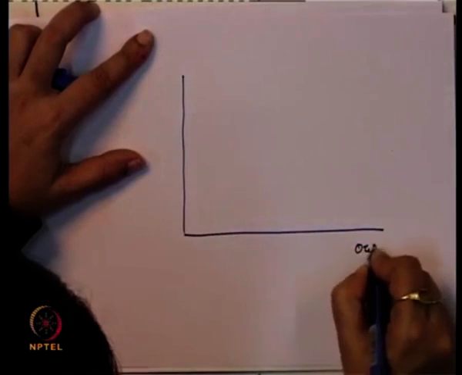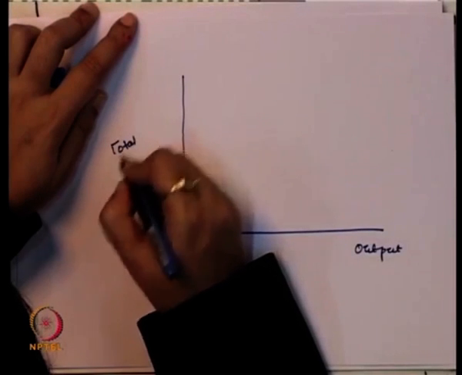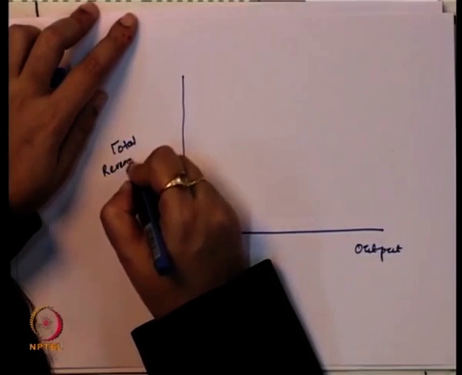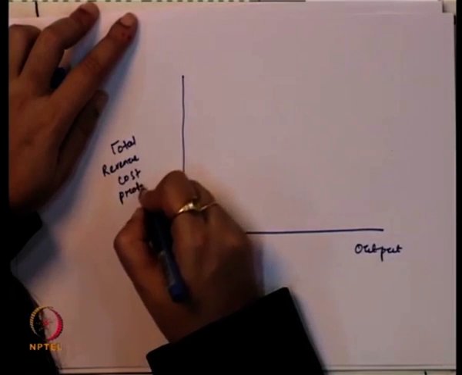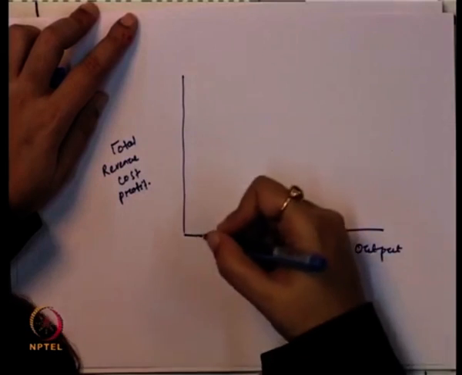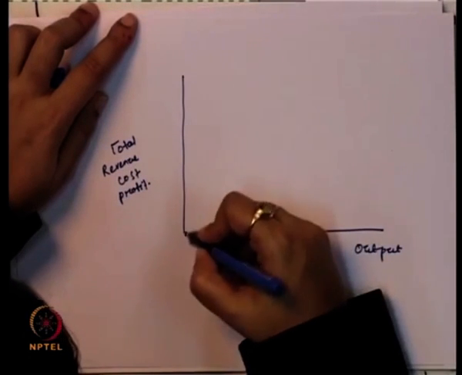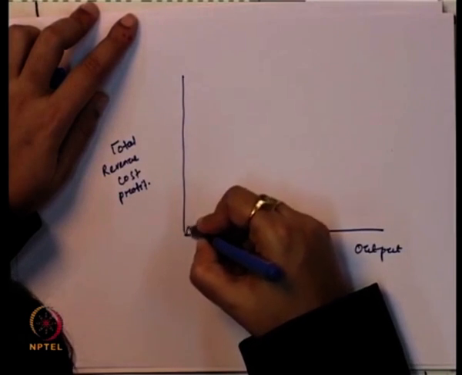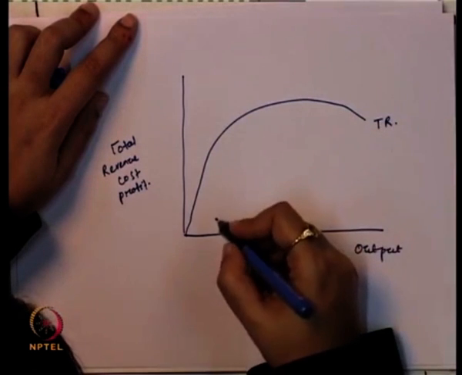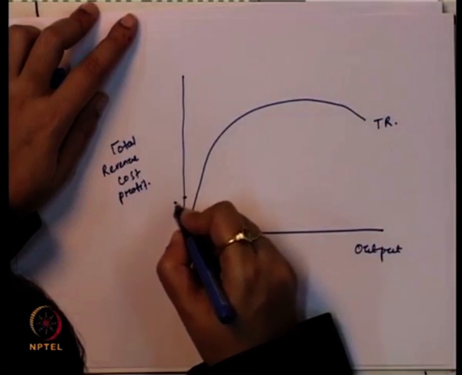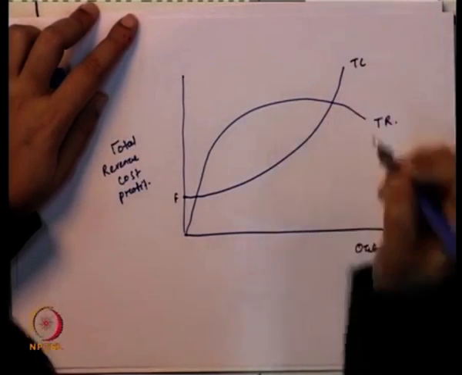So, we will take output on the x axis, and total revenue, cost and profit on the y axis. This is the total revenue, and since there is some amount of fixed cost, this is the total cost.